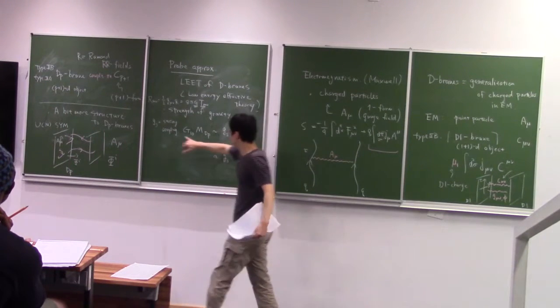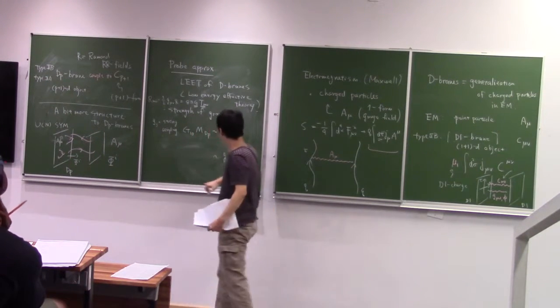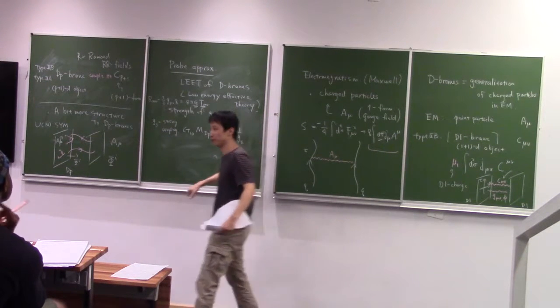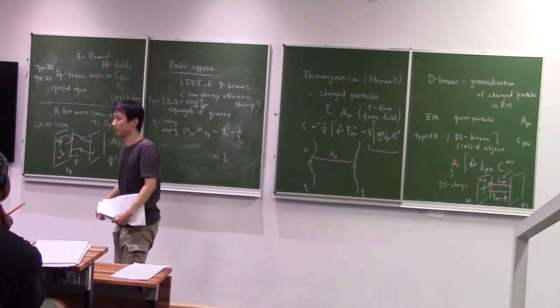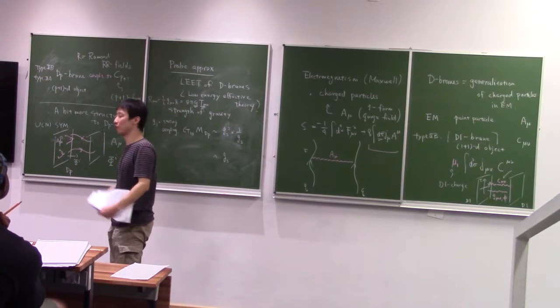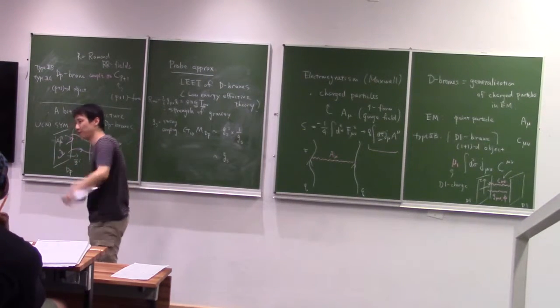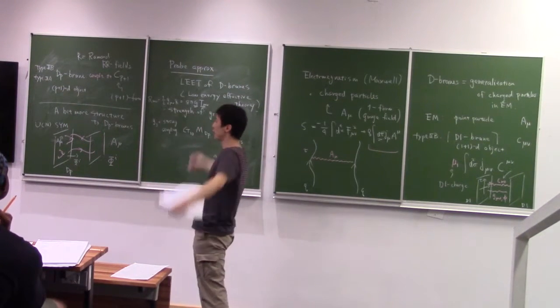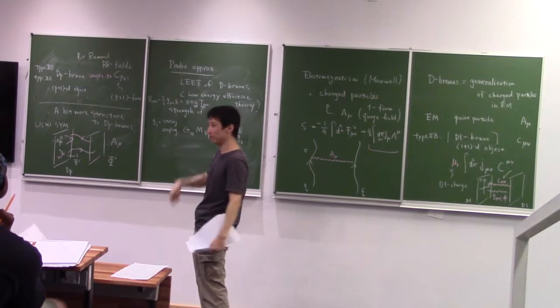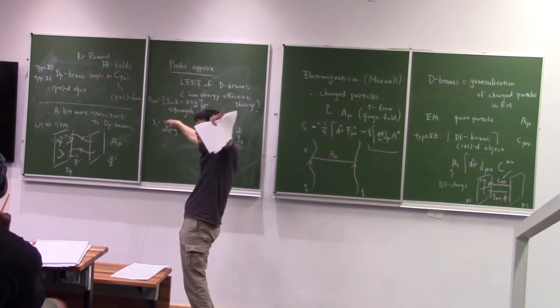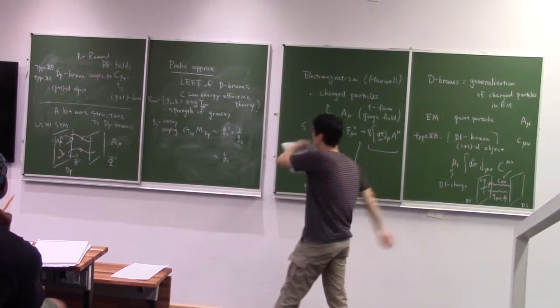But at weak couplings, because the gravitational strength of a D-plane is very weak, you don't have to consider the effect of D-planes on the spacetime. So there's some spacetime, and you throw in a D-plane, and then you can analyze the D-plane in this fixed spacetime. So that's the probe approximation.